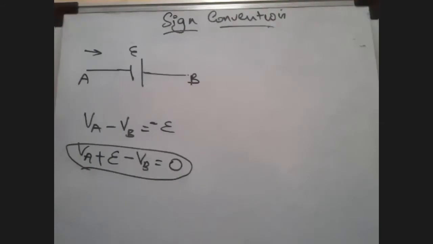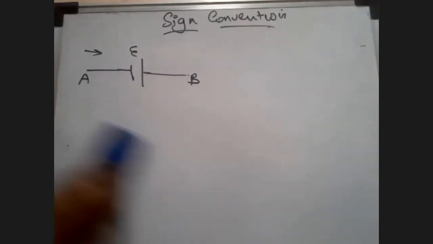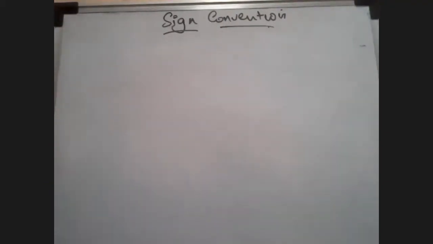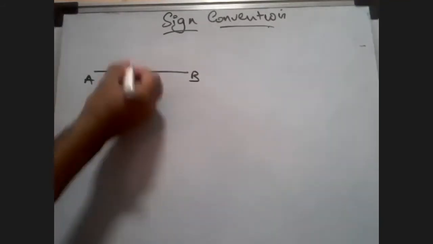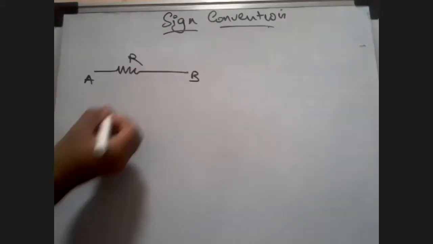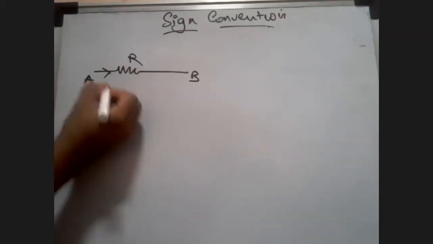Let's go with the resistor then. The third thing was a resistor. This is A, this is B, and let's say this is R, and the current is going like this.